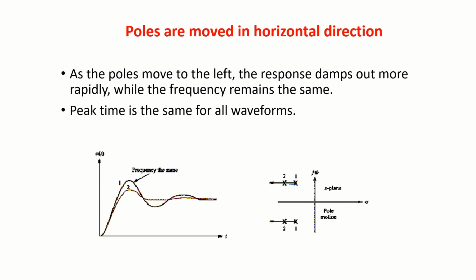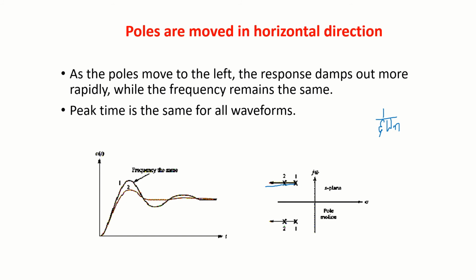I am moving them, means what is going to happen? Settling time should increase now. So 1, this is the settling time. 2. So what is settling time? 1 by zeta omega n, the time constant.